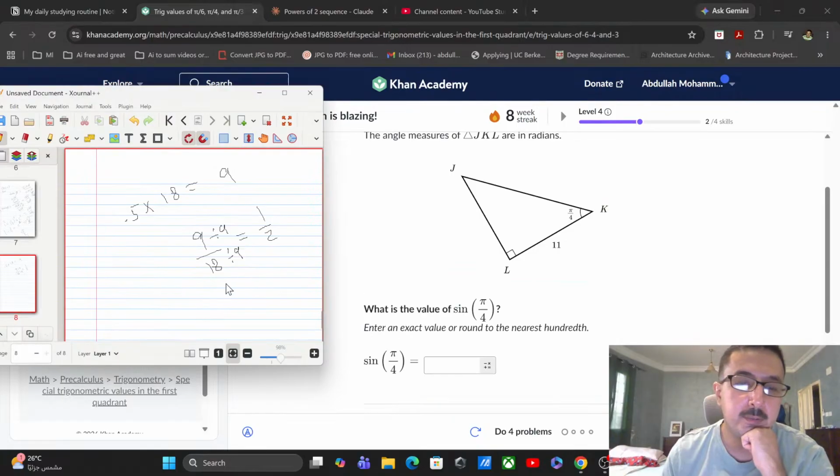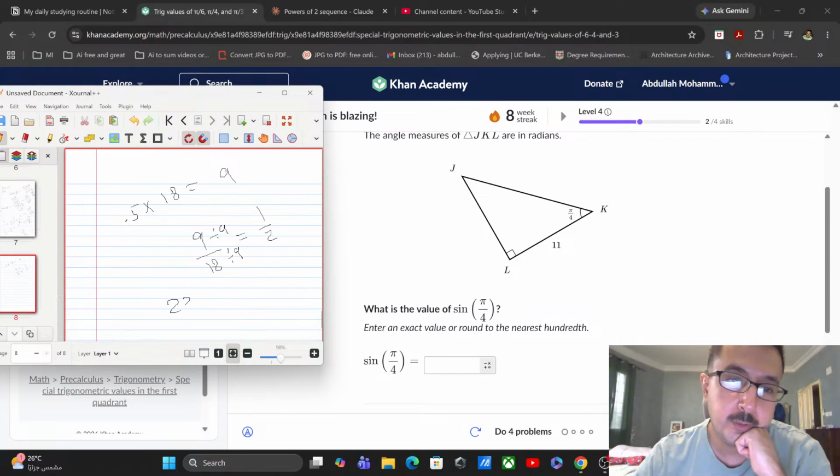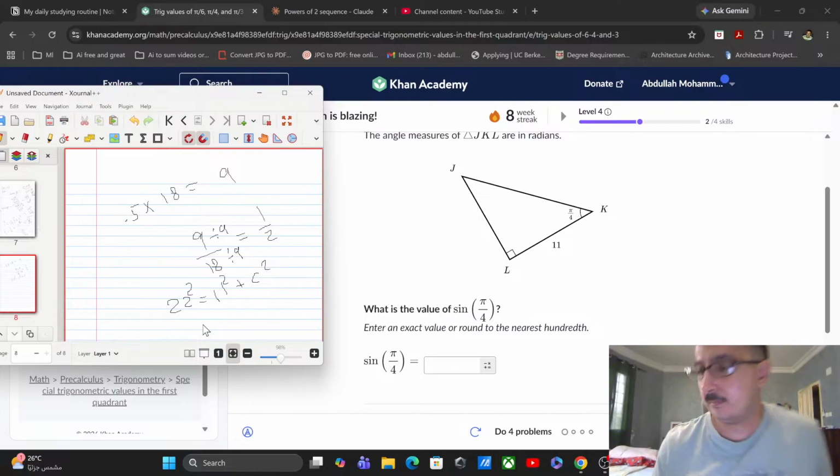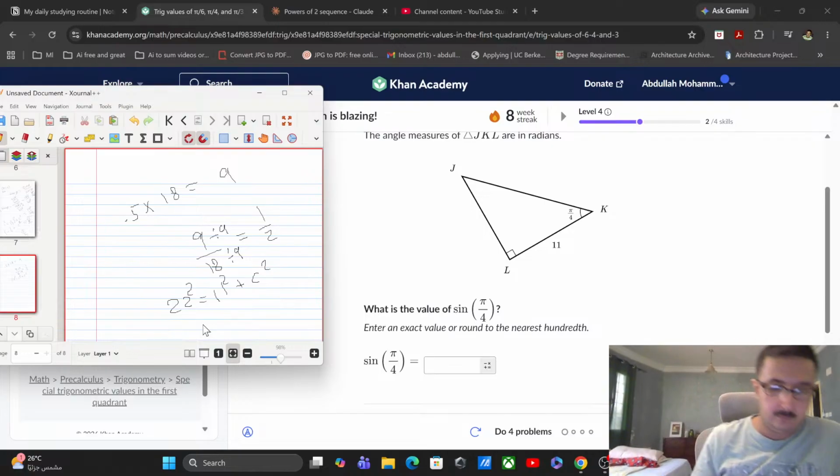I'm gonna go with that. 22 square, 11 square plus c square. It's 22 square minus 11 square.